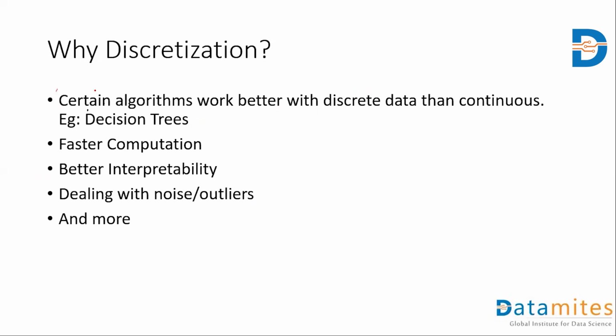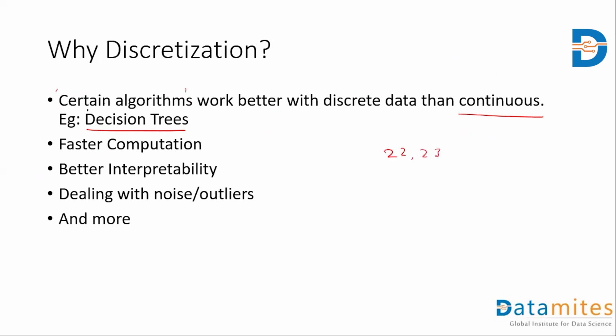There are certain algorithms which work better with discrete data than it does with continuous data. For example, decision trees. If you have learned about decision trees, you know that it makes splits based on certain conditions, right? So if it is making splits based on a continuous variable, for example, let's say I have something like age, right?